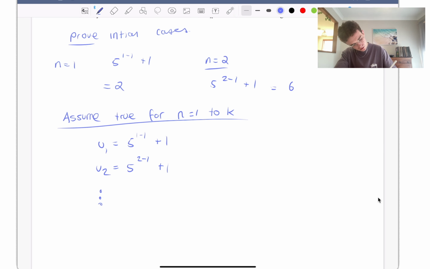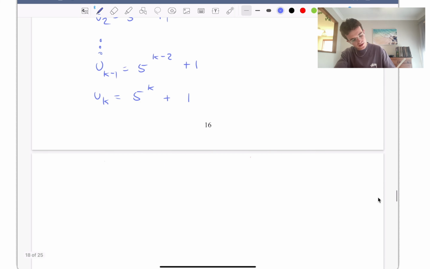Dot, dot, dot. u(k minus 1) is 5^(k minus 1 minus 1), which is k minus 2, plus 1. And uk is 5^(k minus 1) plus 1. The next step is we're going to prove true for n is k plus 1.